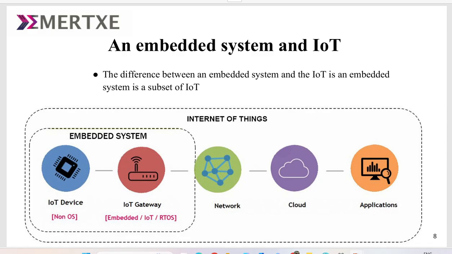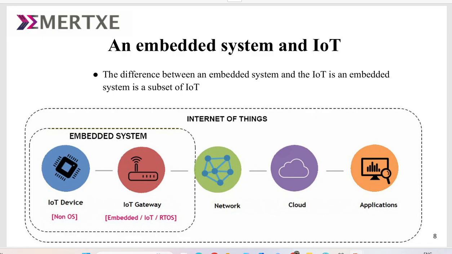By using Arduino Uno, I connect and store data between the Arduino Uno and the whole system by using the cloud platform. Hence, I can say that embedded systems are a subset of IoT. Hence, we learn both embedded and IoT systems.